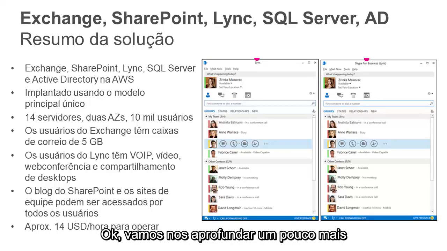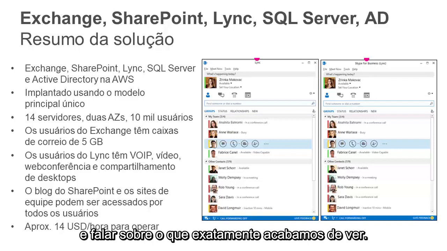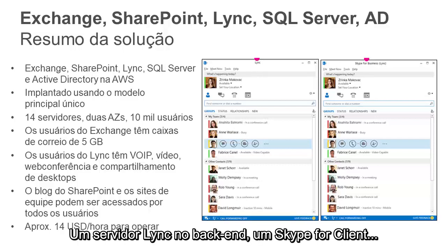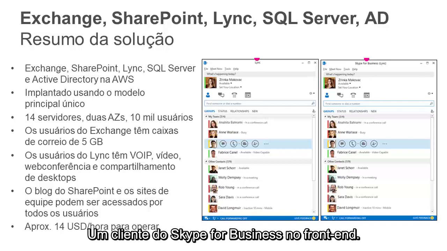Okay, let's dive in a little bit deeper and talk about what it is exactly that we just saw. So of course it was Exchange and SharePoint, a Lync server on the back end, a Skype for Business client on the front end.